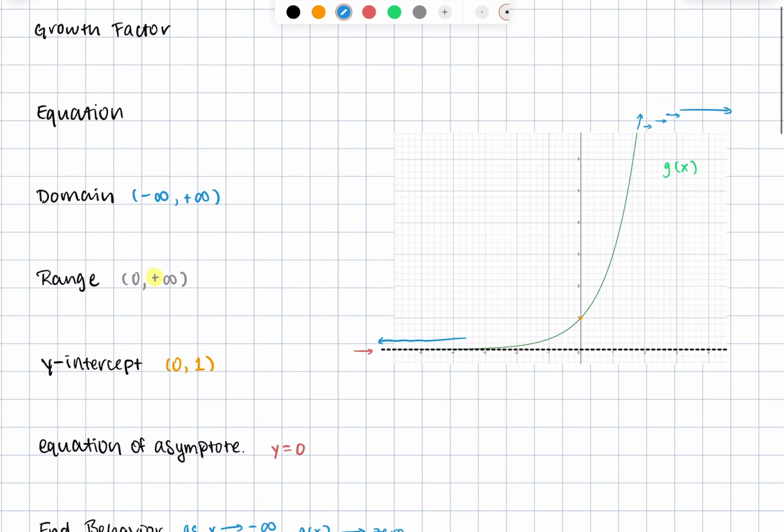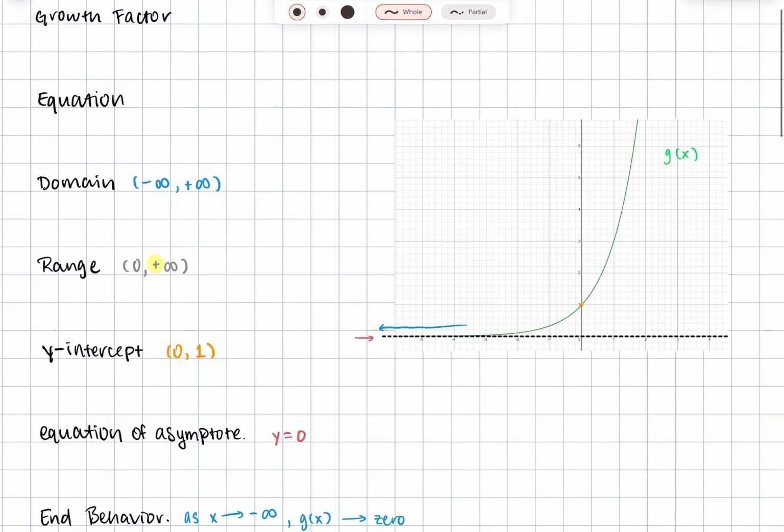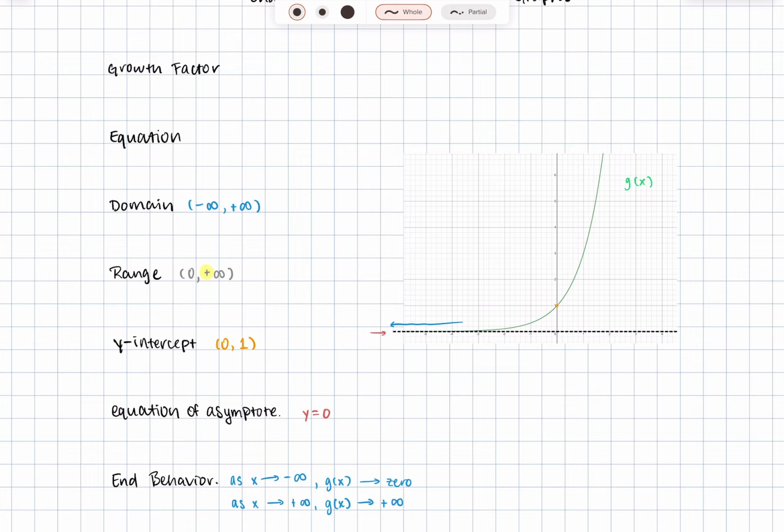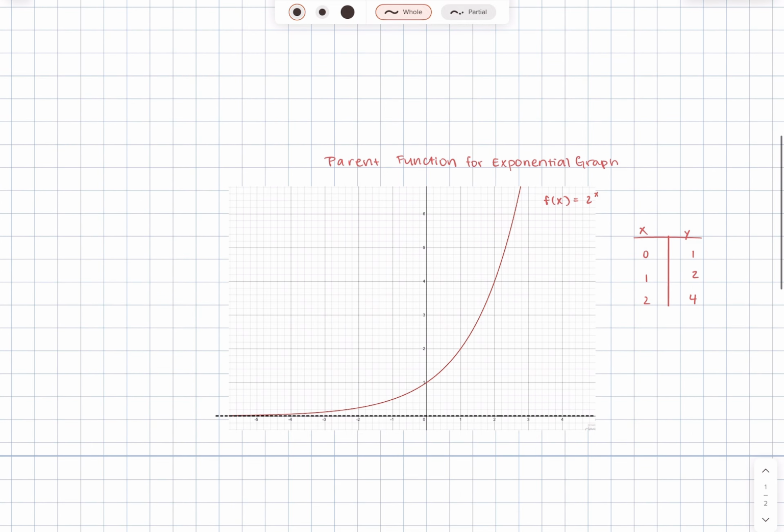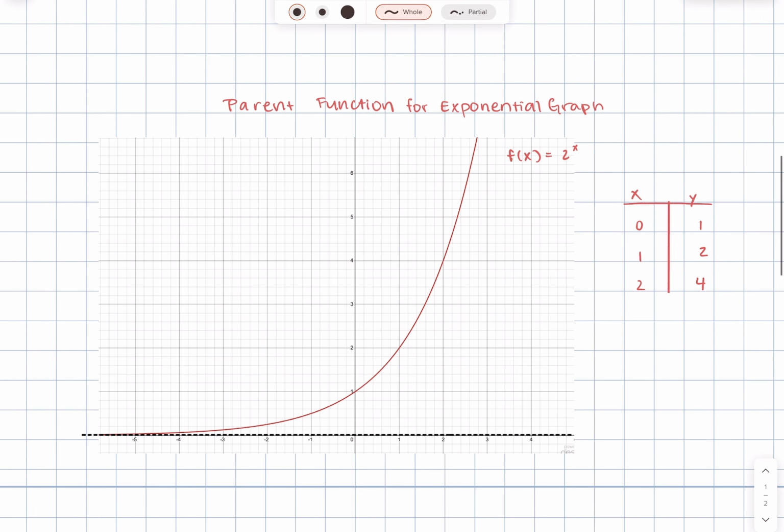Now for the equation and growth factor, we're going to take a pause from this graph and come down here where it says parent function for exponential graphs. Remember, parent functions are your base, or they kind of define the function, and then you can start adding transformations to it. So in this graph right here, we see that our parent function is f of x equals 2 to the x.